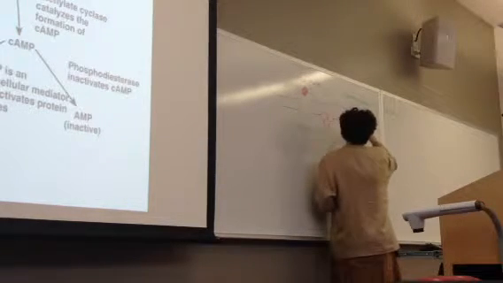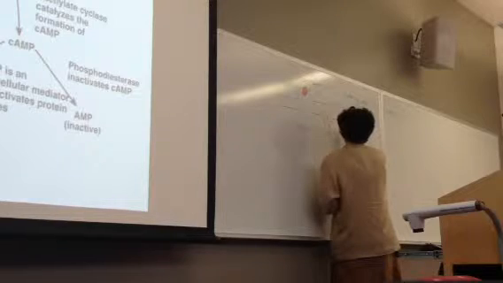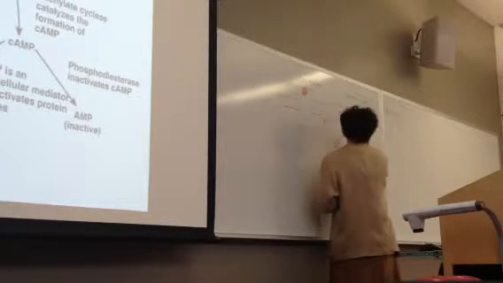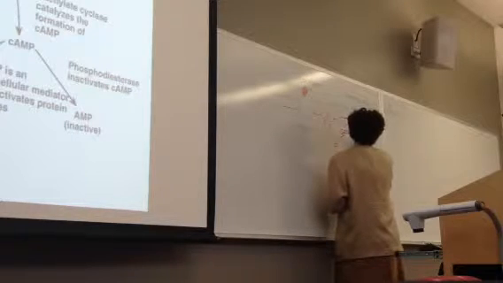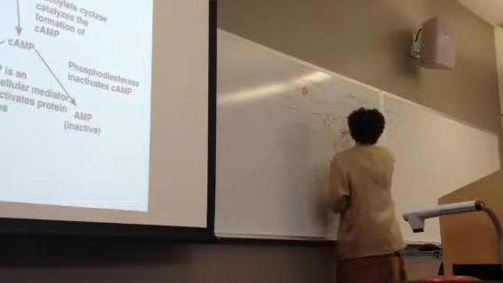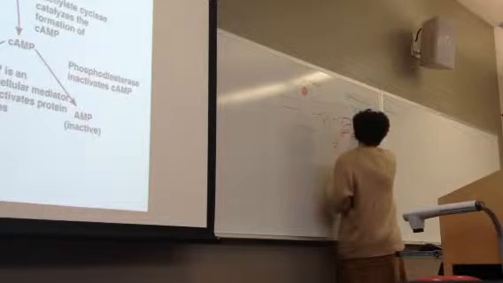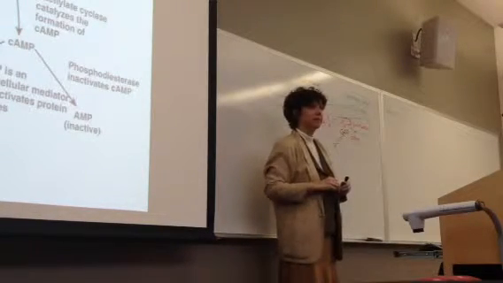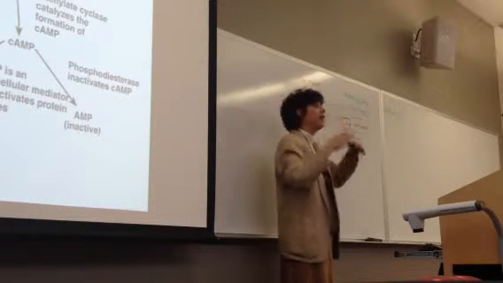So now the adenylate cyclase with the GTP is going to be modified. GTP is going to release phosphate, and energy is going to be utilized to activate this enzyme. Now it's a functional enzyme.